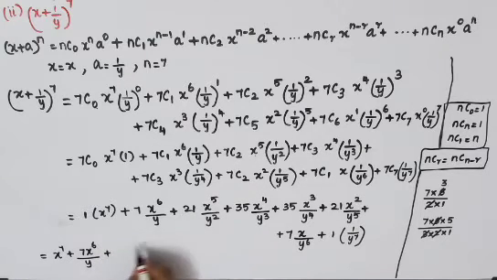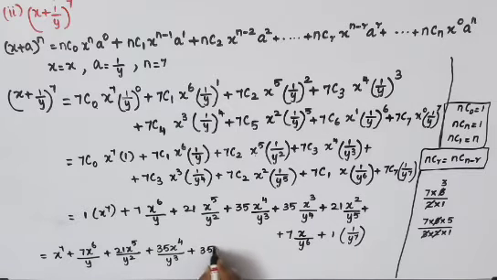Plus this is 21 x power 5 divided by y square, plus 35 x power 4 divided by y cube plus again this term. So 35 x cube divided by y power 4 plus this term.